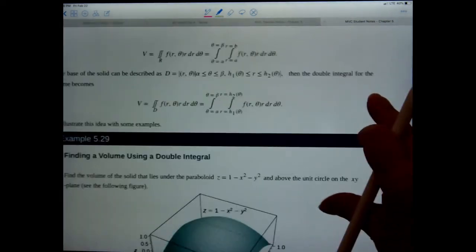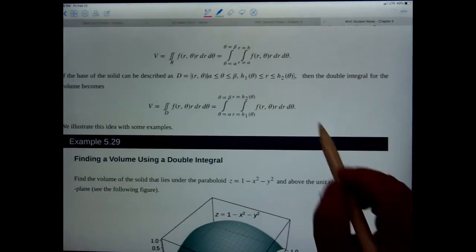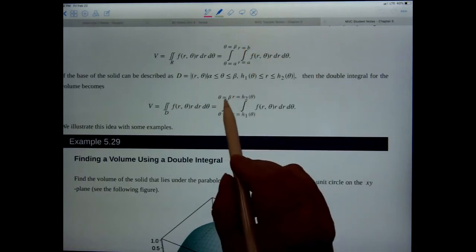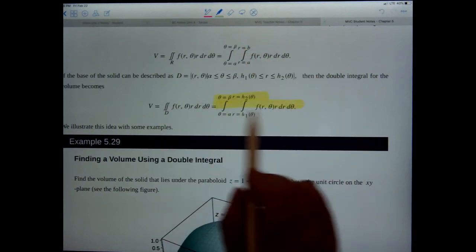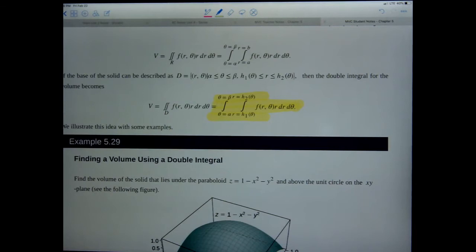Now, does this look the same as what we just did? Does that look just like what we just did? Yes. Theta is from A to B. R is from one equation to the other. F of r comma theta, r dr d theta. Volume is the same thing. We just write it with a new name.